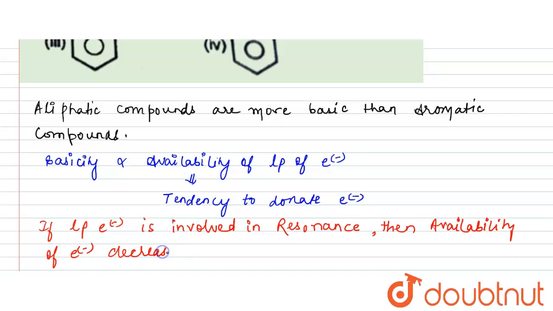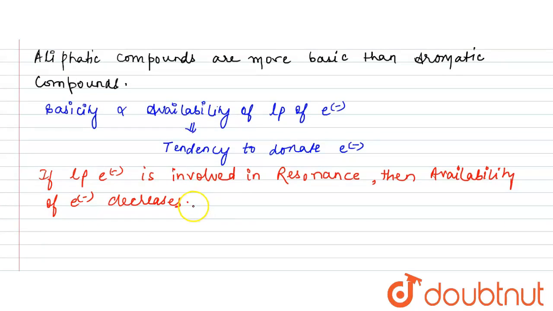So if the lone pair of electrons is involved in resonance, then the availability decreases because delocalization takes place, and therefore the availability of electrons decreases. It means that basicity decreases too, right? Basicity decreases too.